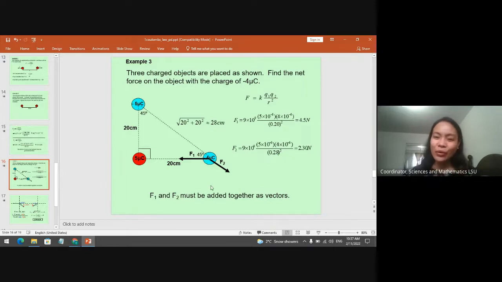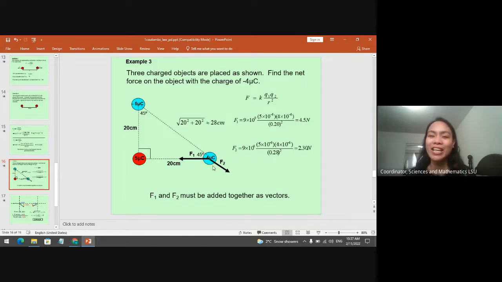So for here, you are going to solve for F1, and you're going to solve for F2 also. And you're going to get the F net, or the net force, because you are asked to find the net force on the object with a charge of negative 4 microcoulomb.